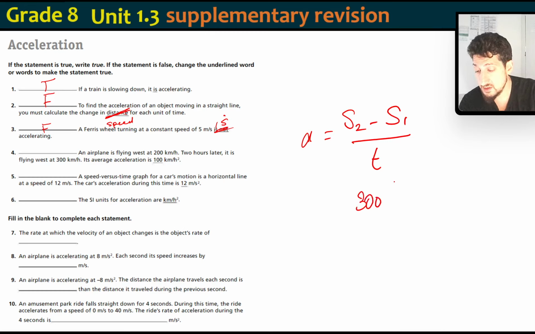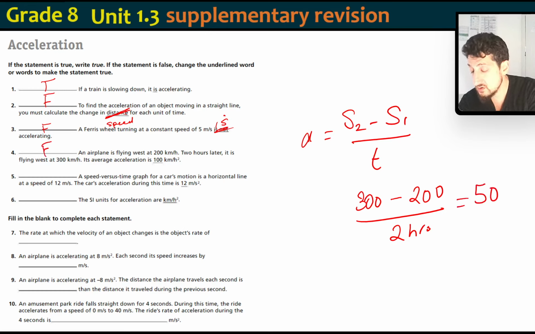What was the initial speed? 200. What was the time? 2 hours. So that means 100 divided by 2 equals 50. So that is false. It is not 100 kilometers per hour squared. It is 50 kilometers per hour squared.